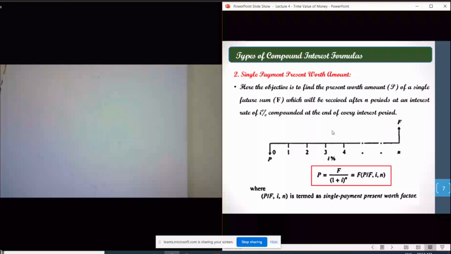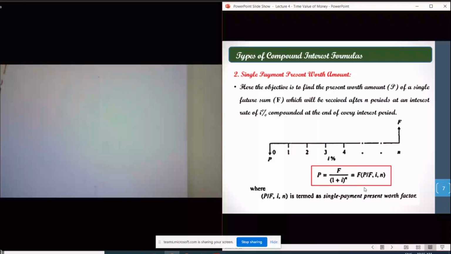The value in the current year is always called the present worth or the present value. This is the cash flow diagram for the single payment present worth factor, and you have the formula also, that is P is equal to F divided by (1 plus i) whole to the power n. Symbolically it can be written as F into (P/F, i, n), where the value of (P/F, i, n) you can directly get from the compound interest table.